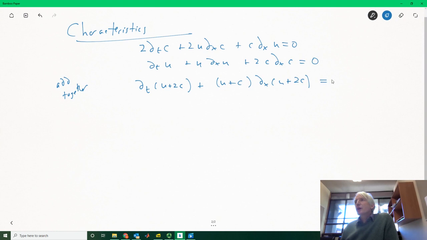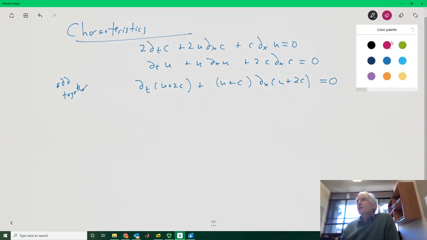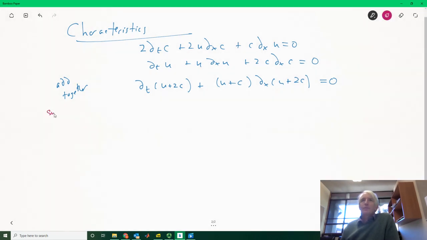It's not obvious that you'd write it like that, but you can sort of see all the terms here. The time derivative of u, that's there. The time derivative of 2c, there's that. You've got u times dxu, that's here. You've got u times dx of 2c, that's here. And you've got c times dx of u. And if you subtract, you get the opposite. All you get is a minus appearing here, a minus and a minus.